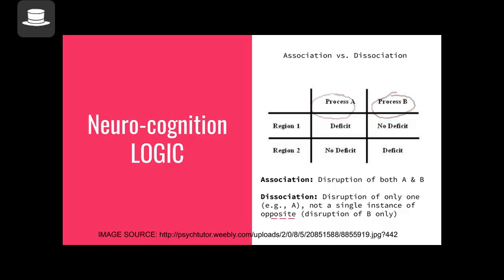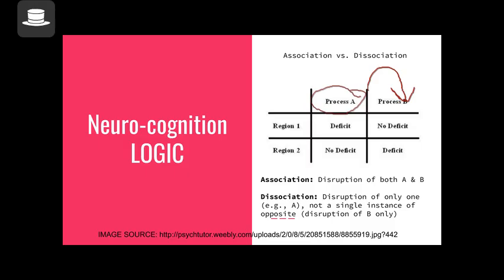Dissociation is when there is a disruption of only one particular mental process every time there is a brain injured case. In other words, in every brain injured patient that has a disruption in a particular mental process, there is definitely no disruption in the other process.